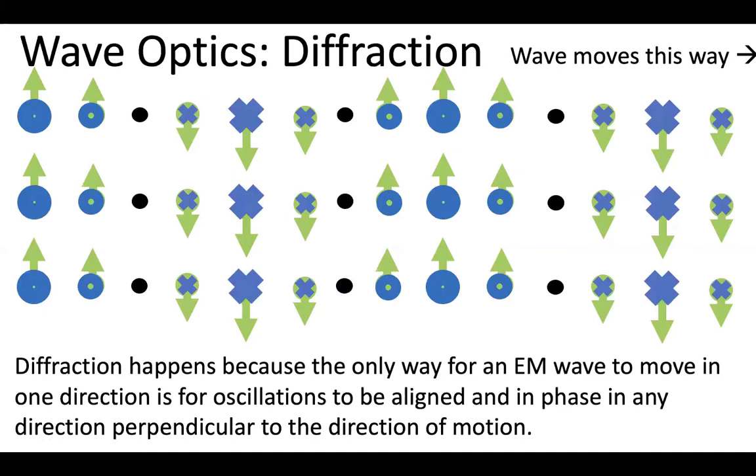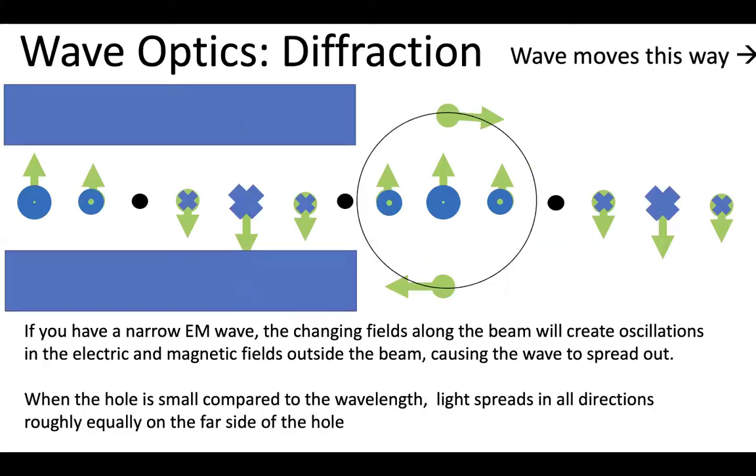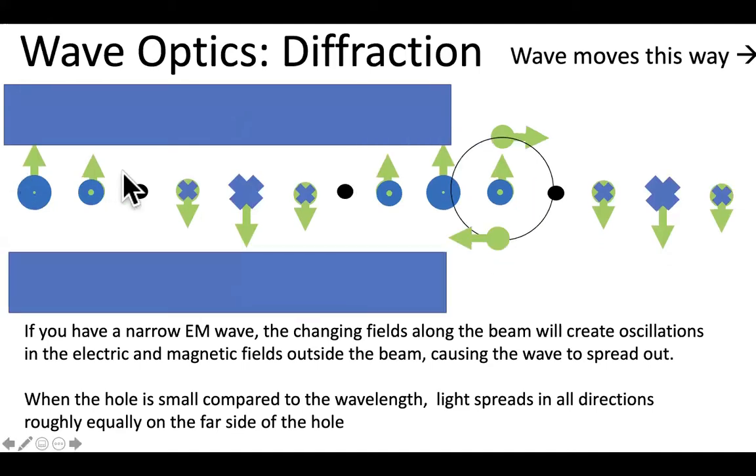This does not work if the electric or magnetic fields change as you go up, down, in, or out of the page. To see why that is, let's consider a fairly simple case, I hope, where we imagine an electromagnetic wave passing through an aperture and then coming out over here.